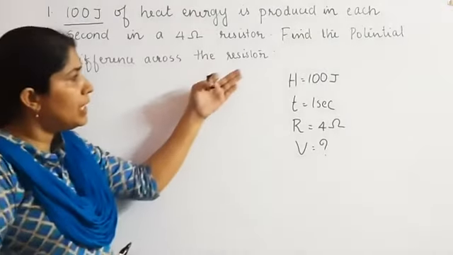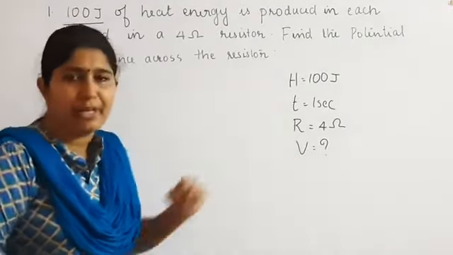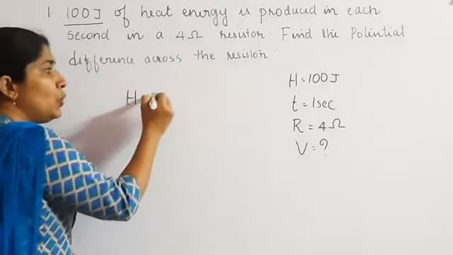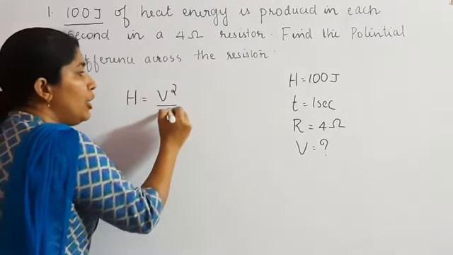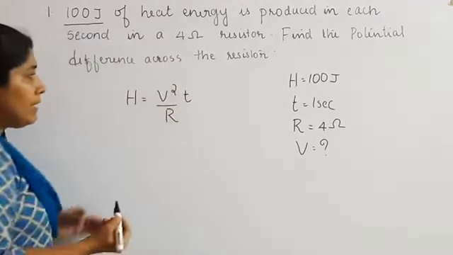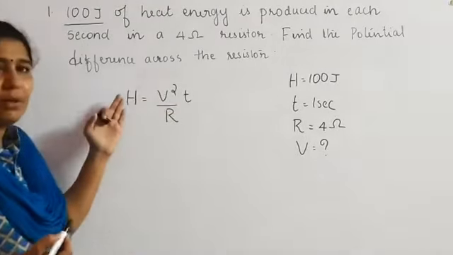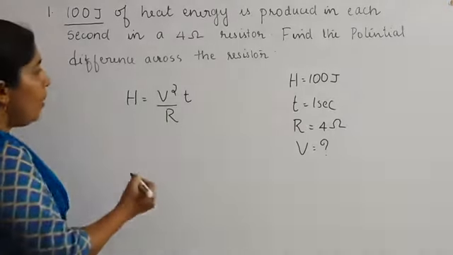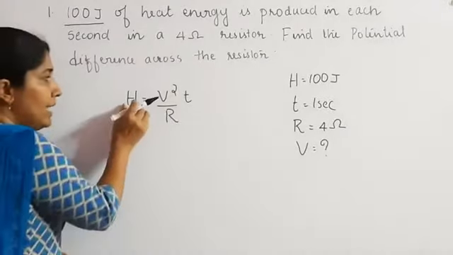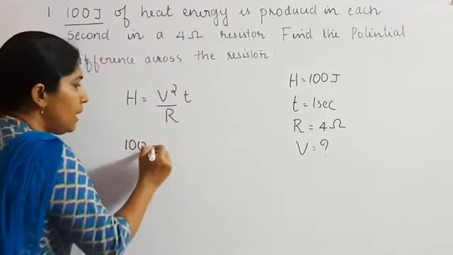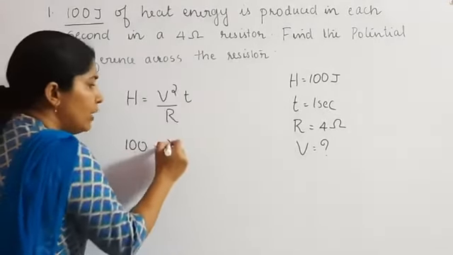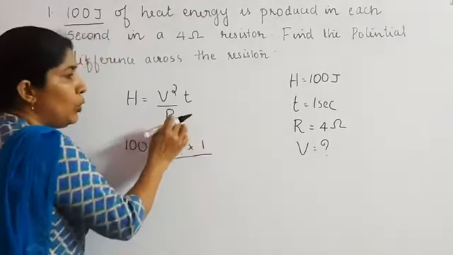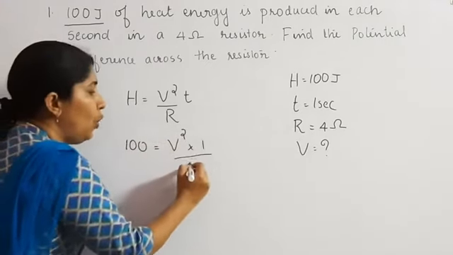What is the relation connecting H, T, R and V? We know that the equation for the heat energy is H equal to V square divided by R into T. Now we can substitute the values. H is equal to 100, equal to V square into time t equal to 1 second, divided by resistance R equal to 4 ohm.